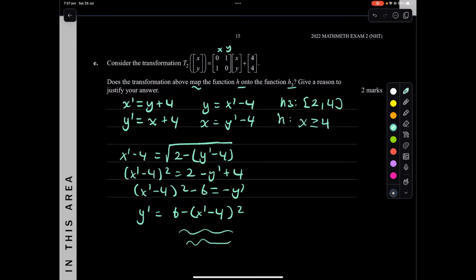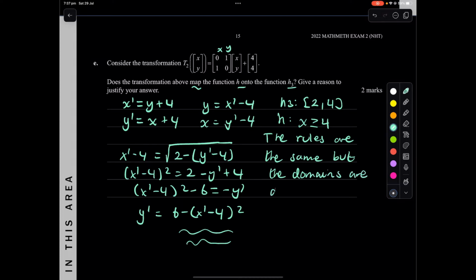The domains are not the same, so the rules are the same, but the domains are different.